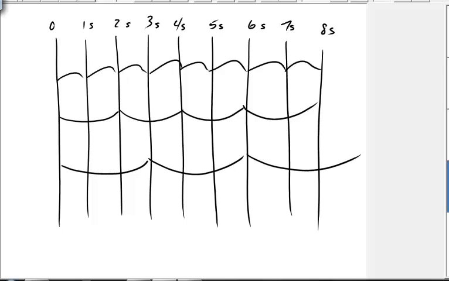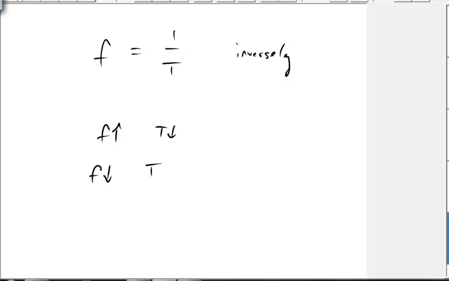And so we've increased the frequency, and what ends up happening is we realize that the frequency and the period are inversely related. So as the frequency goes up, the period has to go down. Or as the frequency goes down, the period has to go up.